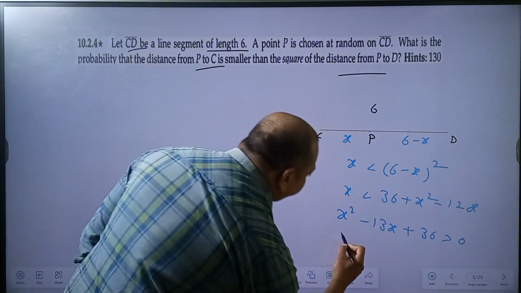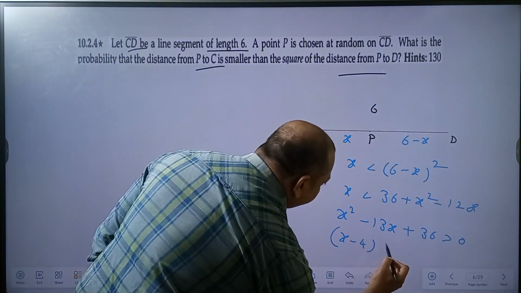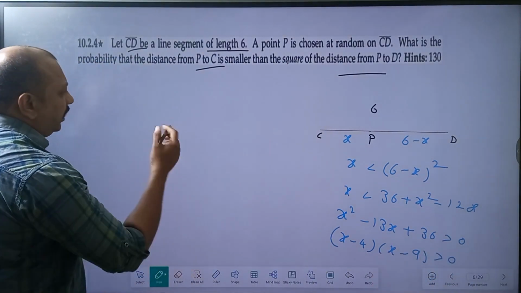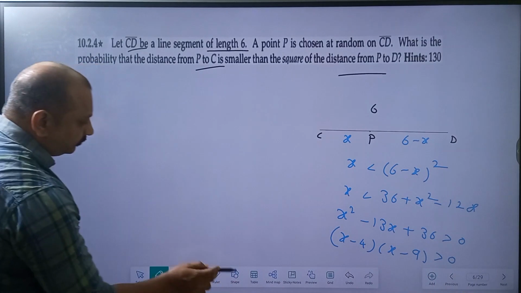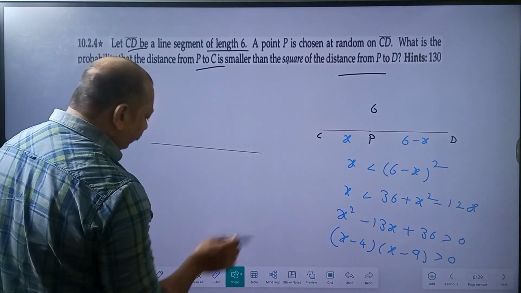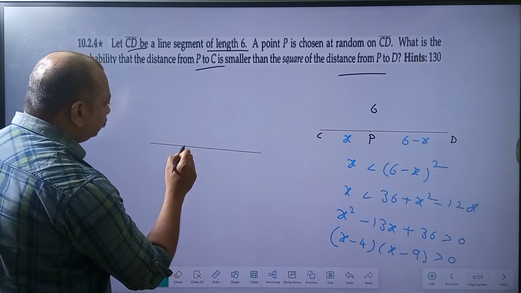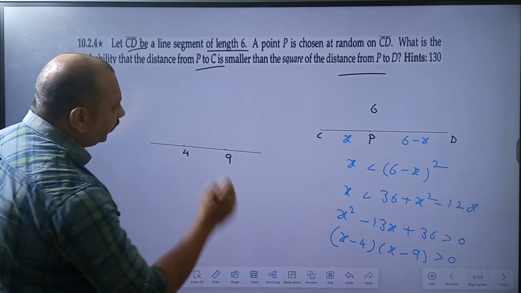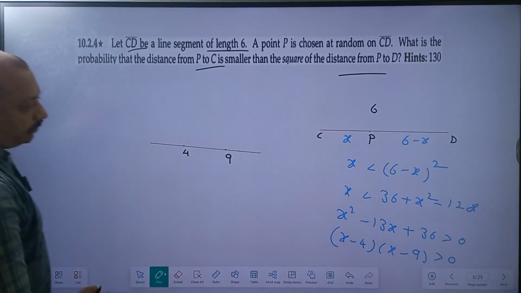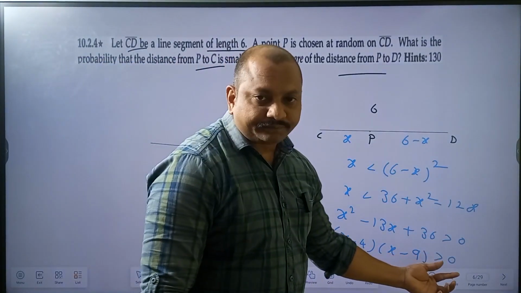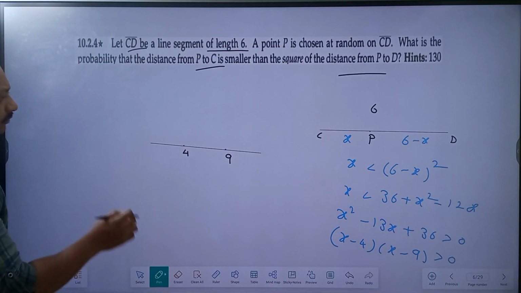From this we have X minus 4 into X minus 9 greater than 0. So let us draw a line plot, with 4 and 9 marked. The product of X minus 4 and X minus 9 must be greater than 0.